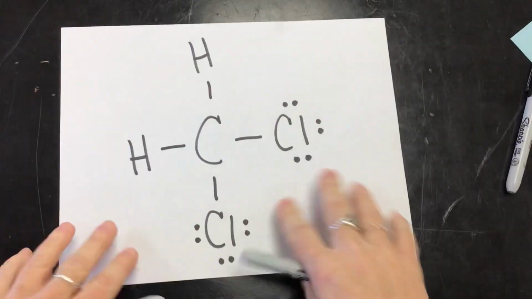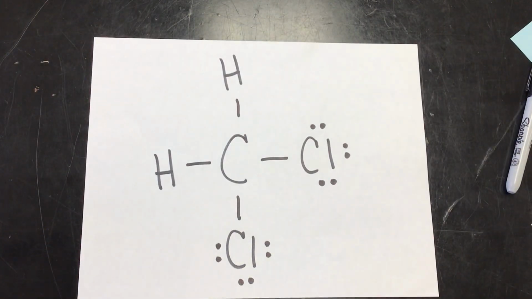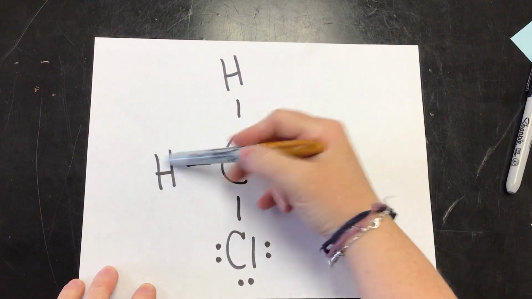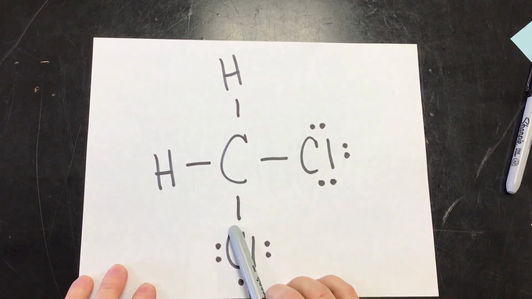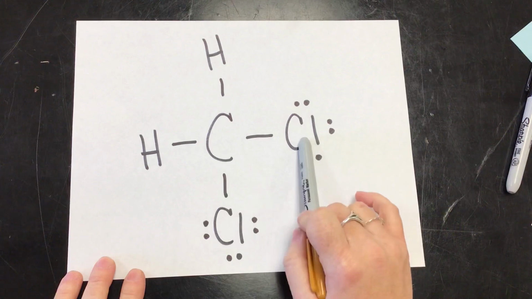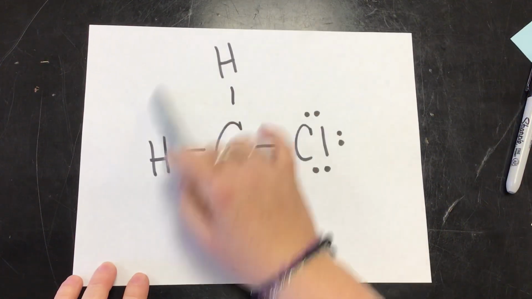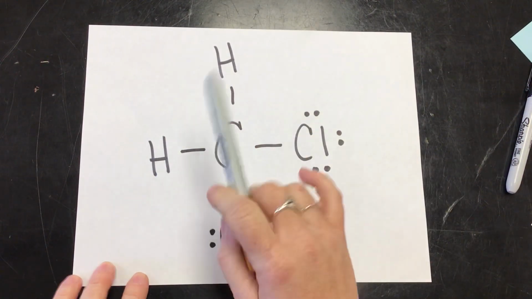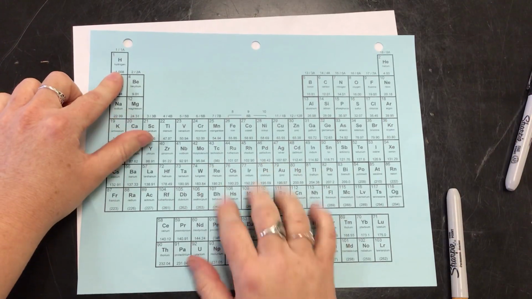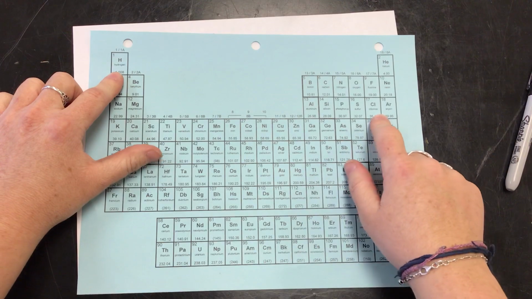A similar example, where we might think it looks symmetrical but it really is not, is CH2Cl. So here we have carbon surrounded with hydrogens. A carbon to hydrogen bond is a nonpolar bond, but here we have carbon to chlorine. So these are polar bonds. Even though there are 4 things around the carbon, it is not symmetrical because hydrogen is all the way on the left-hand side of the table and the chlorine is all the way on the right.